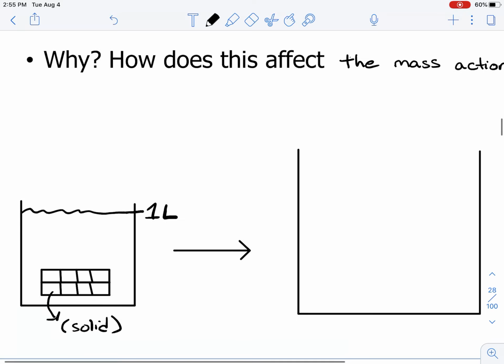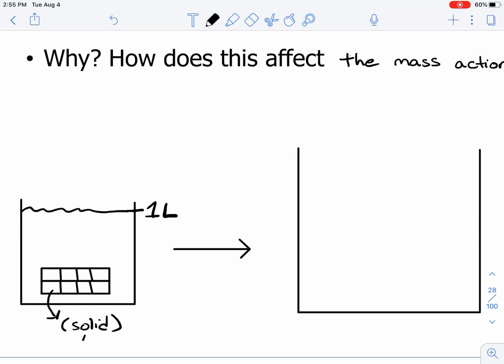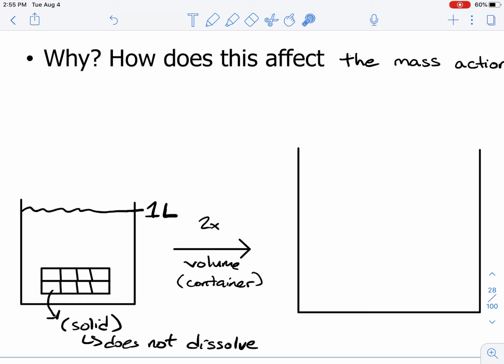Okay. Now, because this solid does not dissolve, its volume, the volume of the solid, is not dependent on the volume of the container. It's dependent on the volume of itself. Okay. And so if we were to double the volume of the container, and so I'm going to go ahead and take this and duplicate it.